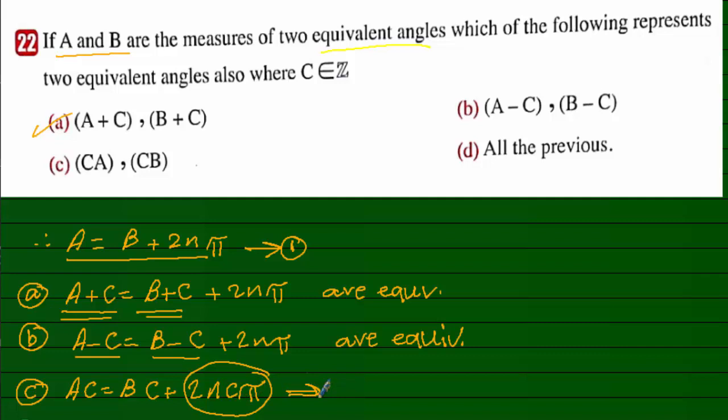So AC and BC are another two equivalent angles. So the three statements are true. So we choose all the previous, letter D.